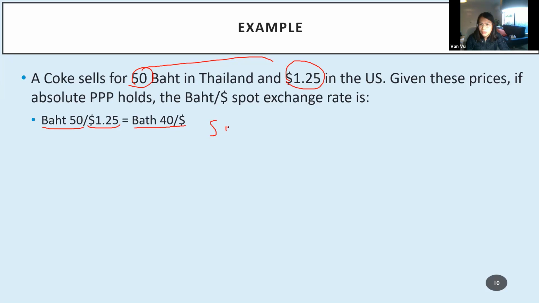So I've got the baht over the USD, and it will be 50 baht, which is the price in Thailand, divided by the price in the US, which is 1.25, okay? So given this formula, my exchange rate would be 40 baht per USD.